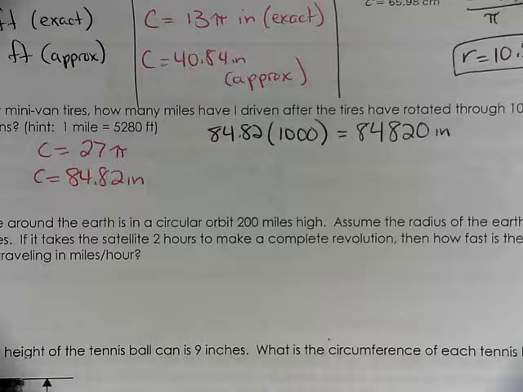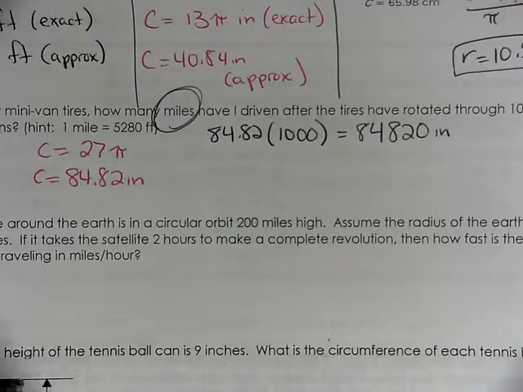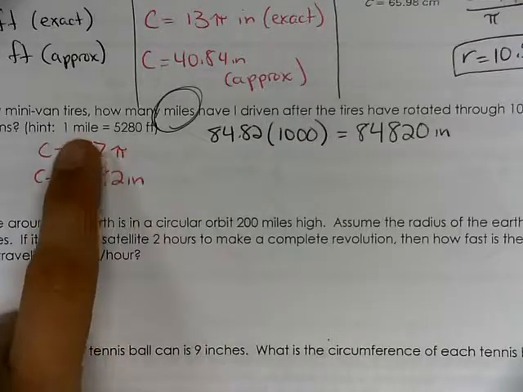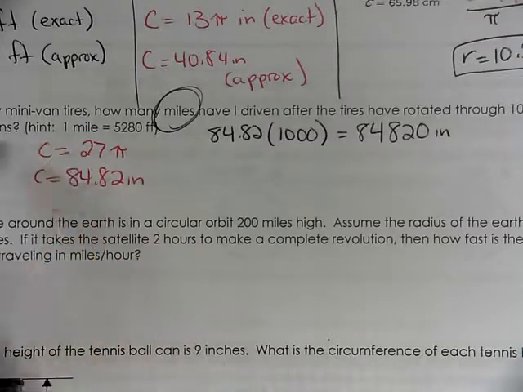Here's the problem. It says how many miles have I driven? I've got to convert inches to miles. What's our conversion on here? Feet to miles? So I have to convert twice: inches to feet and feet to miles. How many inches are in a foot? 12.